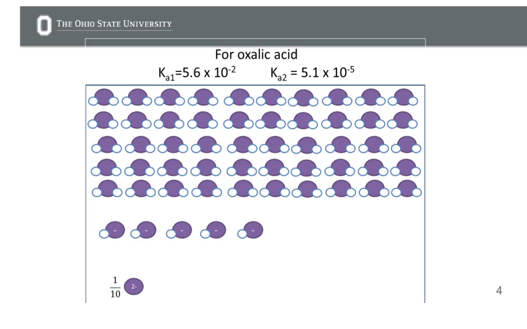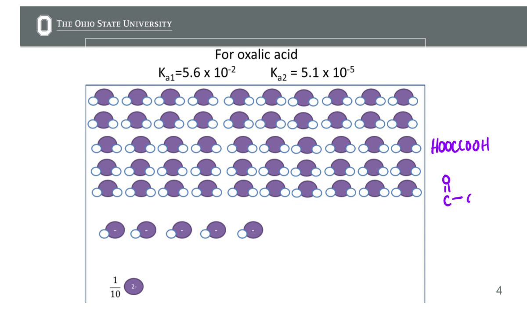So oxalic acid is another diprotic acid. It has a formula that is HOOC-COOH, which is kind of silly to write, but the structure looks like this.